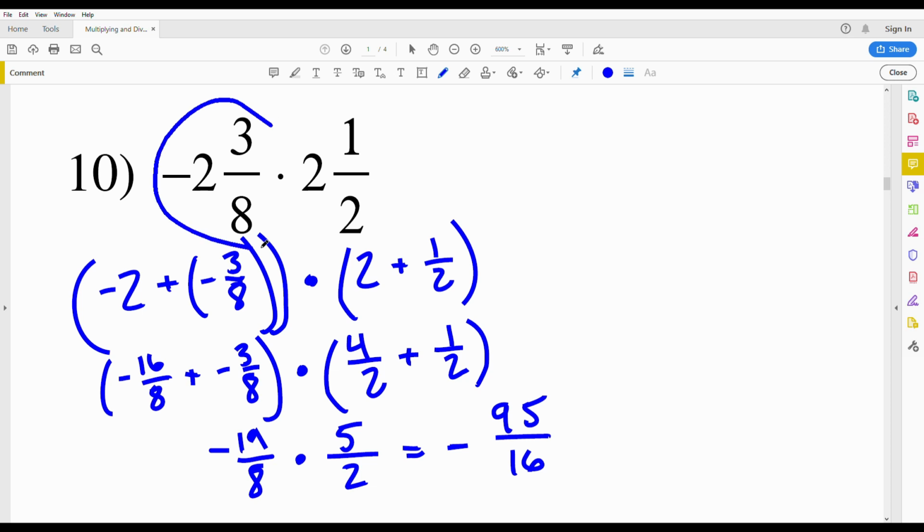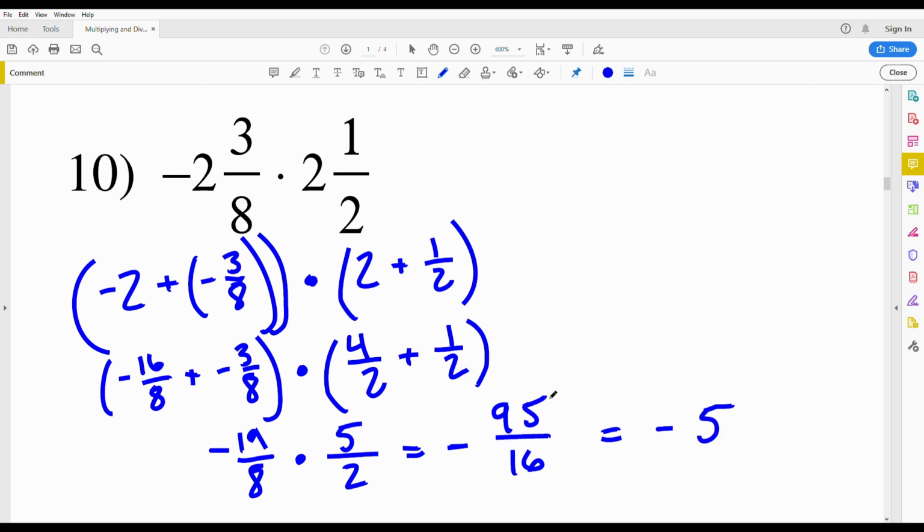Now we started with mixed numbers, got to end with mixed numbers. And the real question is, how many times does 16 go into 95? 16 goes into 95 5 times, because 16 times 5 is 80. 16 times 6 would be 96, so we went over. So we have to go with that smaller value of 5. So we're going to have a negative 5 times 16 is 80.